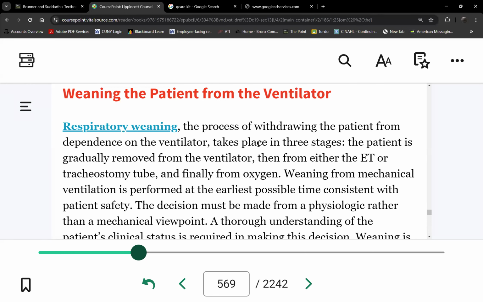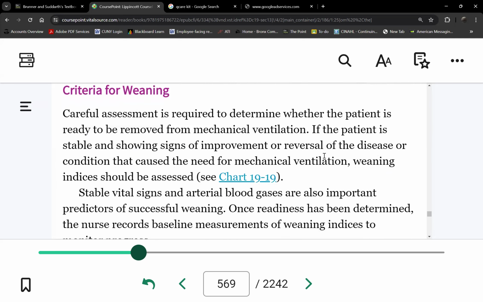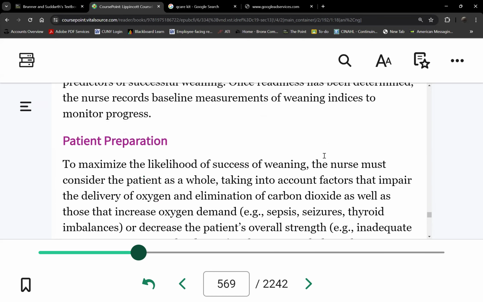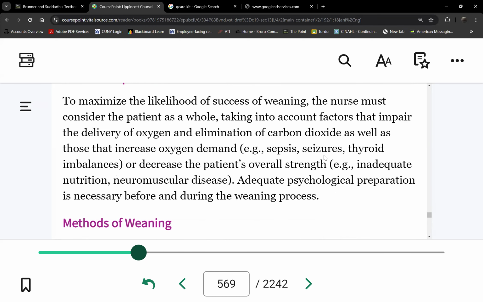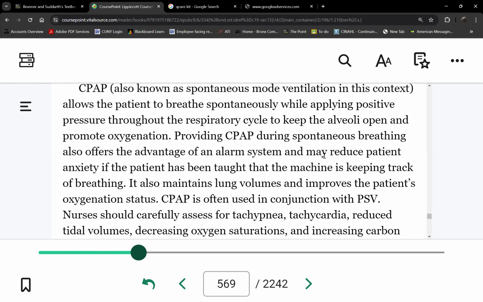SIMV and PSV. Pressure support ventilation and SIMV can be used for weaning. We won't test criteria for weaning. We do test on how to extubate.